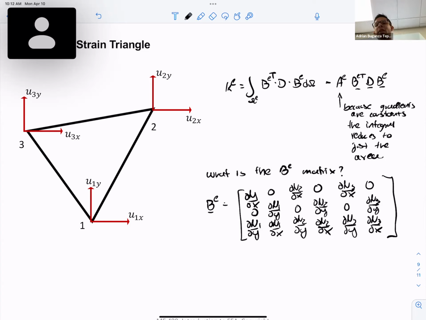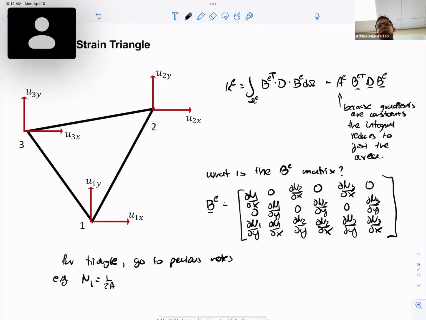I don't recall exactly, but for the linear triangle, if you go to previous notes, you can see, for example, the first shape function is 1/(2 times the area) times something, and then here there's like (y2 minus y3)x plus (x3 minus x2)y, something like that. I'm not exactly sure this is correct, but something like that.